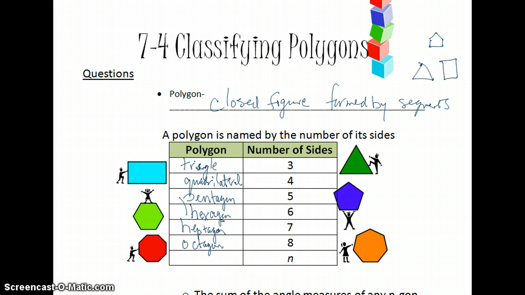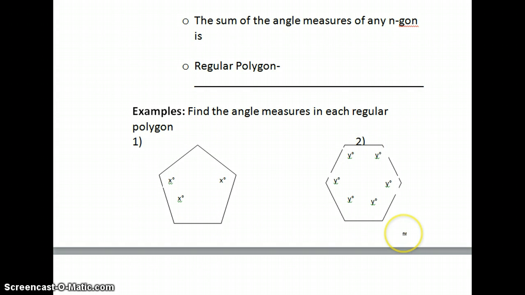And just for any generic n-sided figure, we have an n-gon. For any n-gon, you can find the sum of the angle measures. So if we add all the angle measures together, they will get to this sum. Of any n-gon, that means n number of sides, we can use this formula.